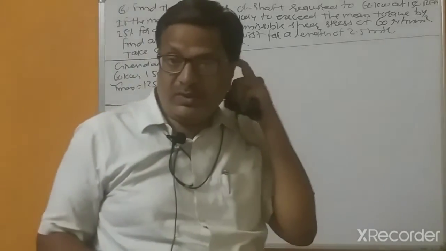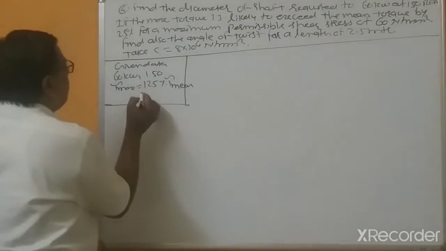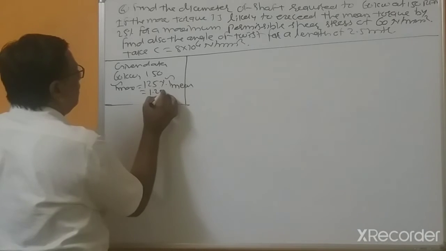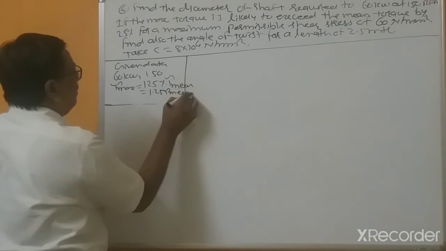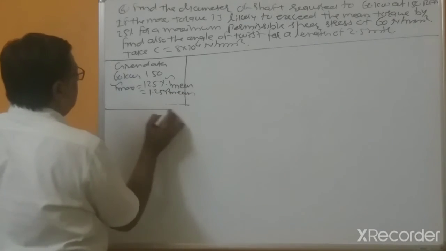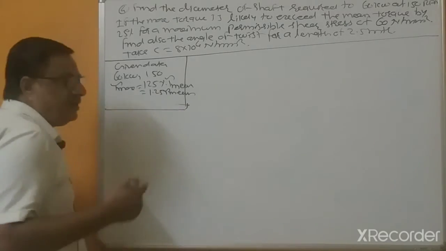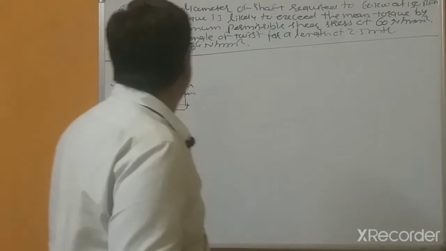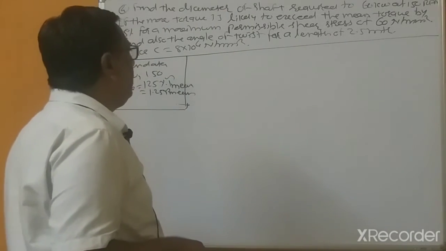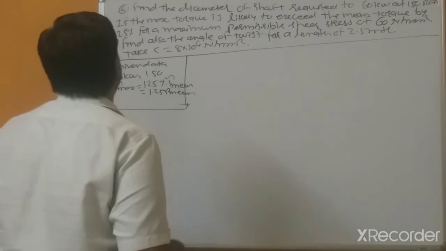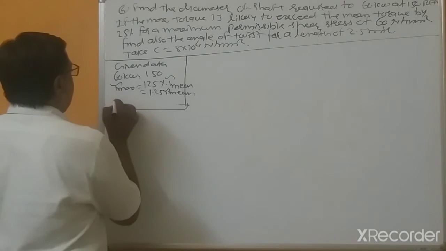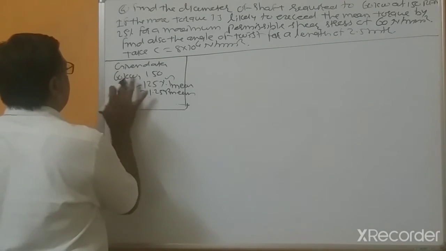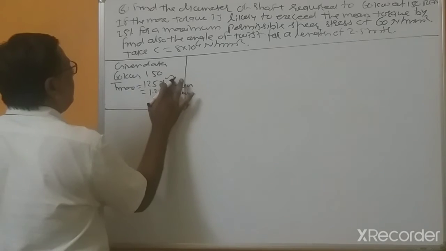So why is this 125%? Because this is 100% and that is the additional 25%. So that's why this becomes 1.25 times mean torque. Sorry, this is T.